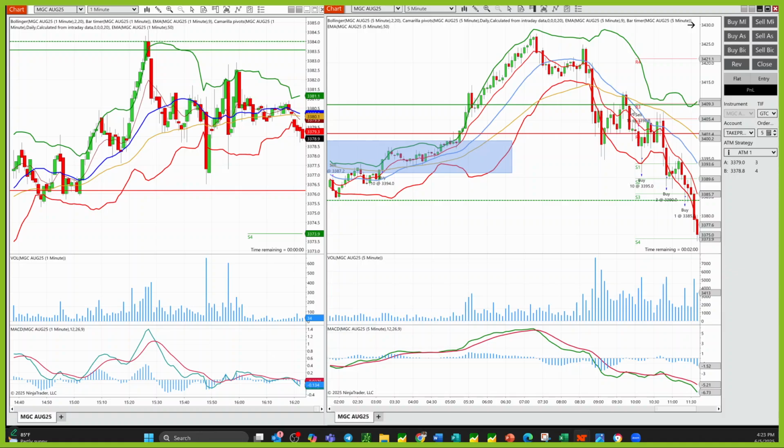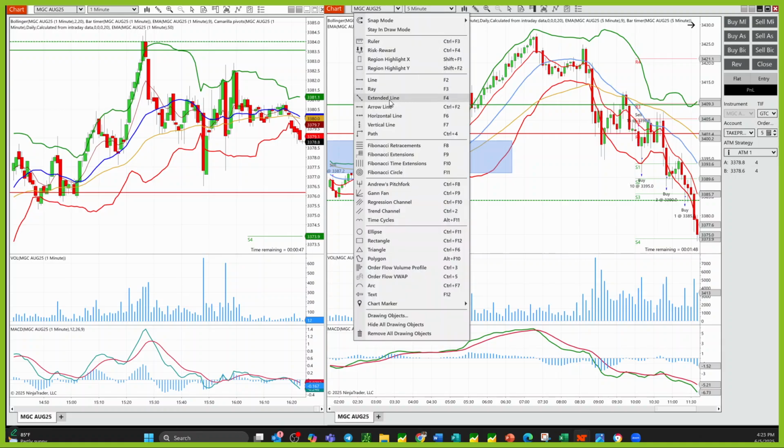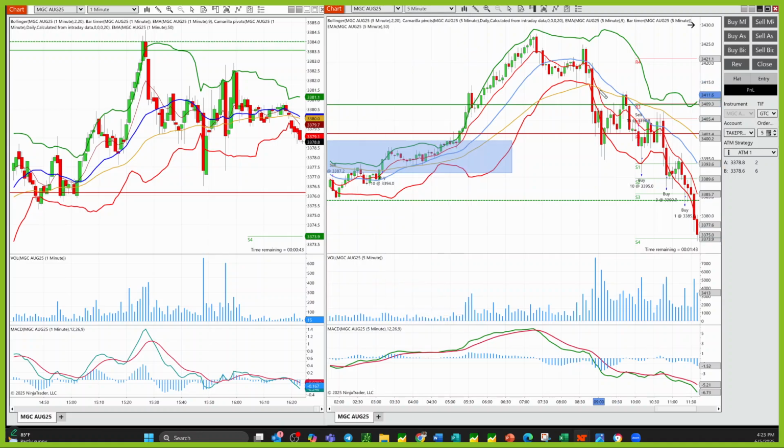Now, when we put in a high and a low in this area, what do you think I did? I went ahead and put in this kill zone. But guess what?